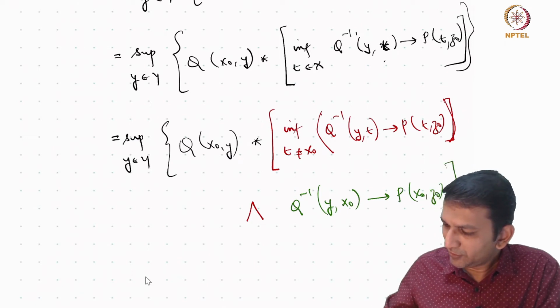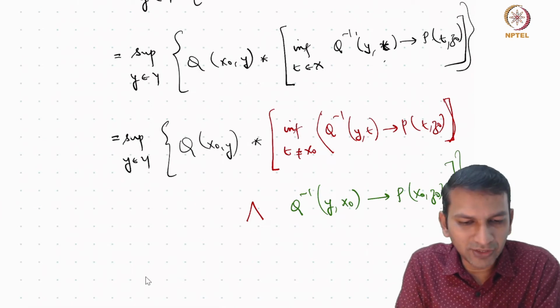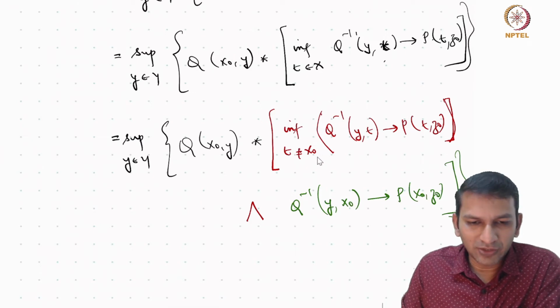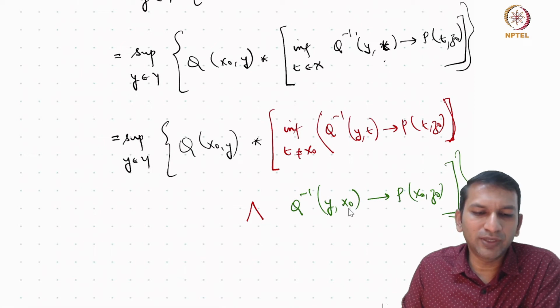This is exactly like how we have done in the previous lecture. As t varies over X, we consider all the t which are not equal to x0, and when t is equal to x0, we consider it separately.